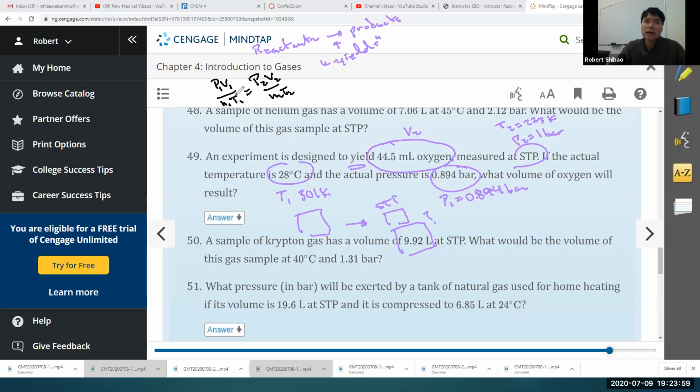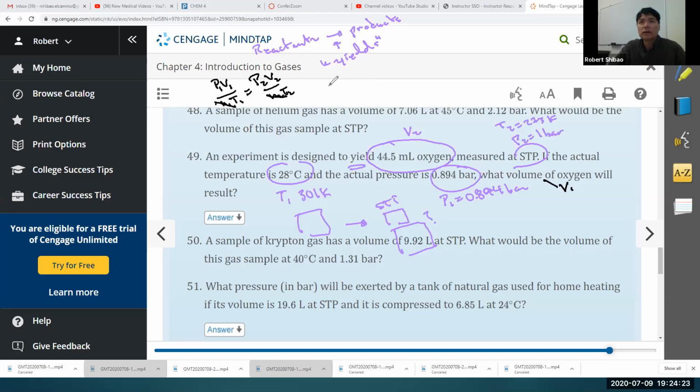I'll show you this in a minute in the video. We aren't leaking or adding any gas in there, so that doesn't change. And we want V1, what volume would it be? This is O2, oxygen, so we're looking for V1.